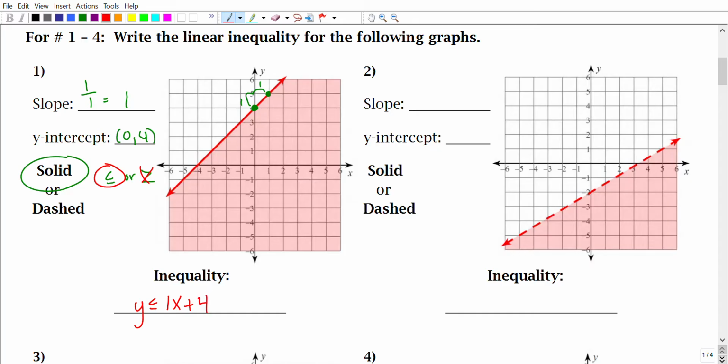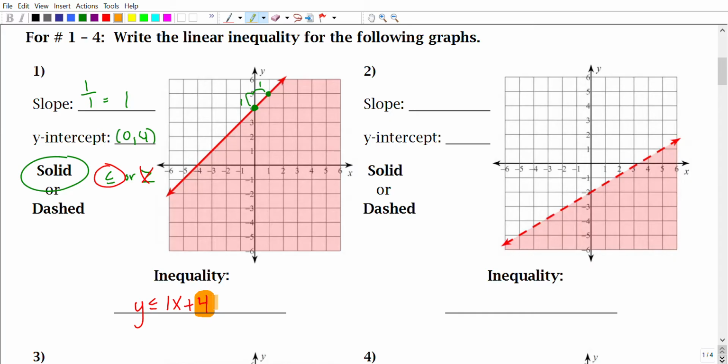Now, once you have your inequality written, guys, if you want to make sure you did it right, or just want a hint of whether you're headed in the right direction, go ahead and try to graph that new inequality on the side and see if it matches the one that you have above. Use it to help guide you and see if your original matches your new inequality.